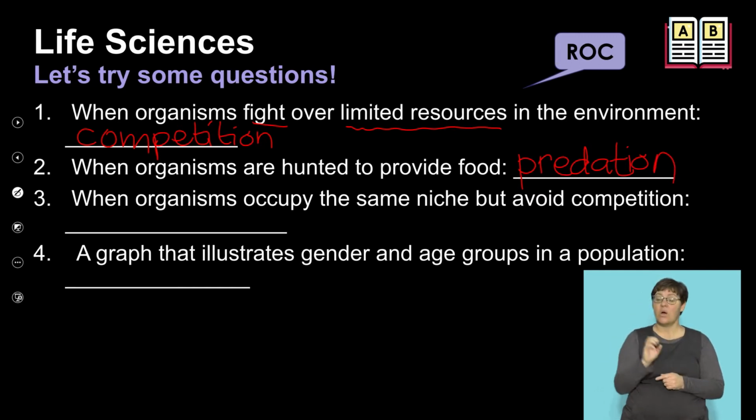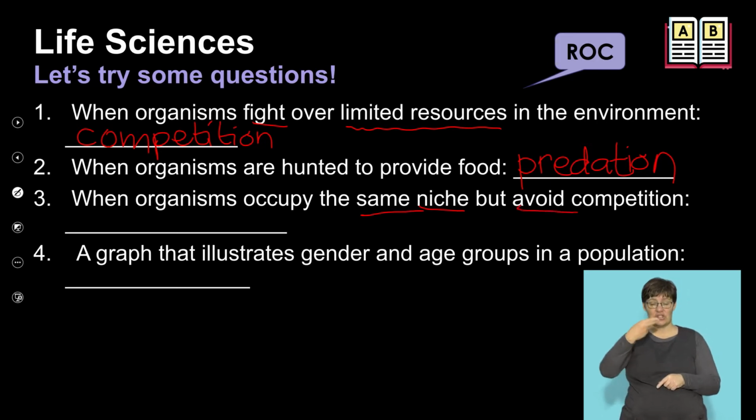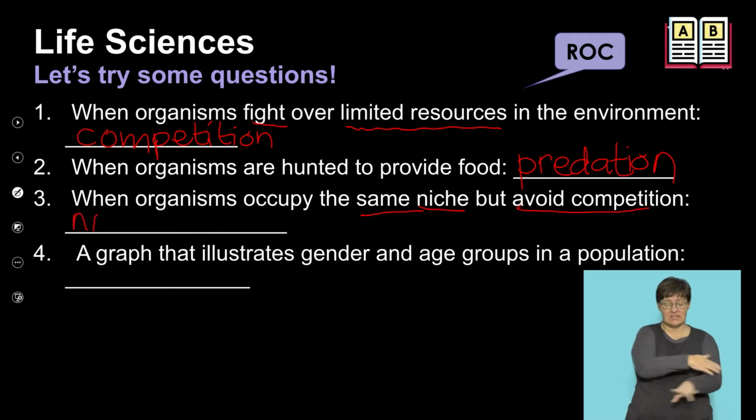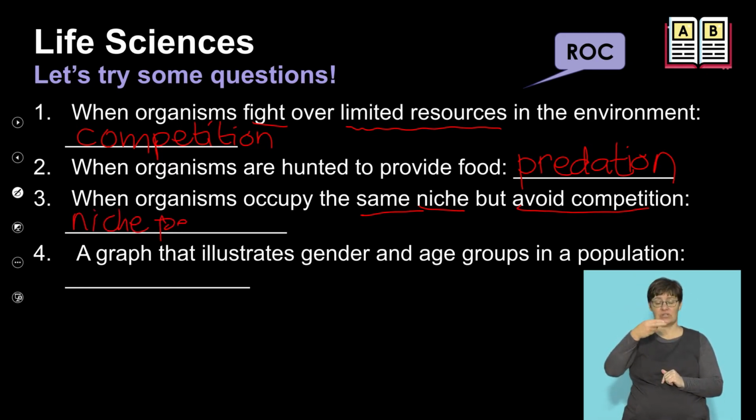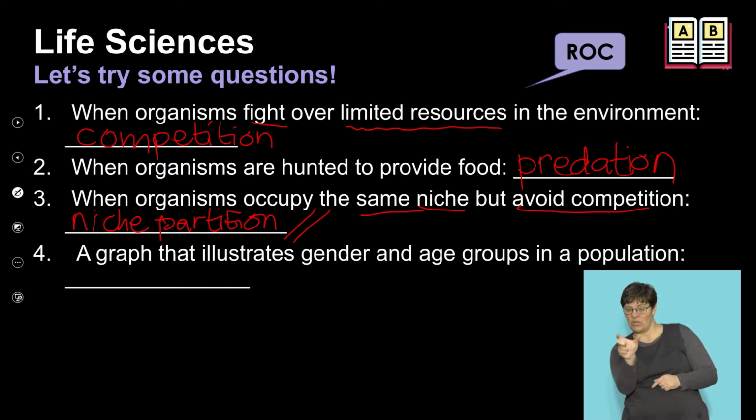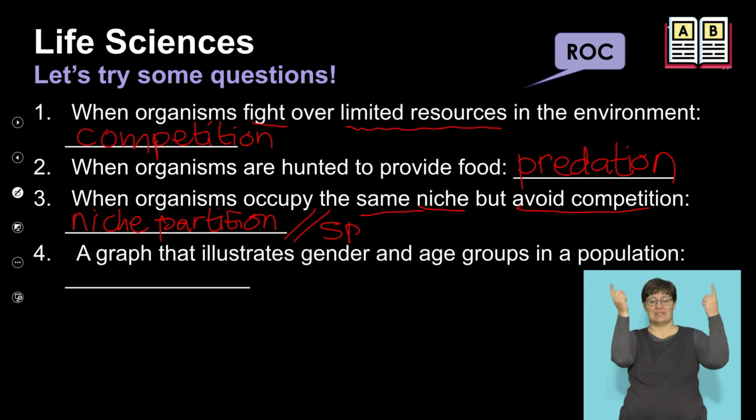When organisms occupy the same niche, but they manage to avoid competition, what do we call that? Well, we can call it niche partitioning. In other words, we are going to separate or partition the niche. Another term for it could be specialization.